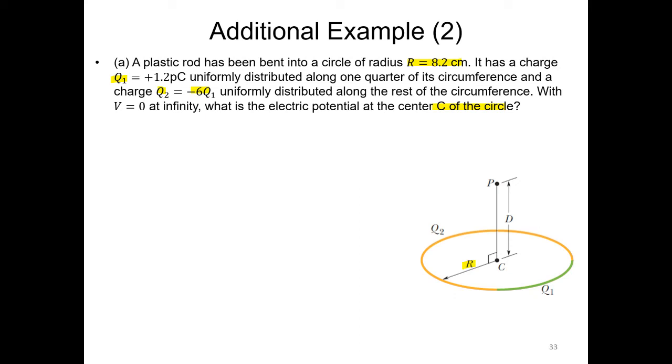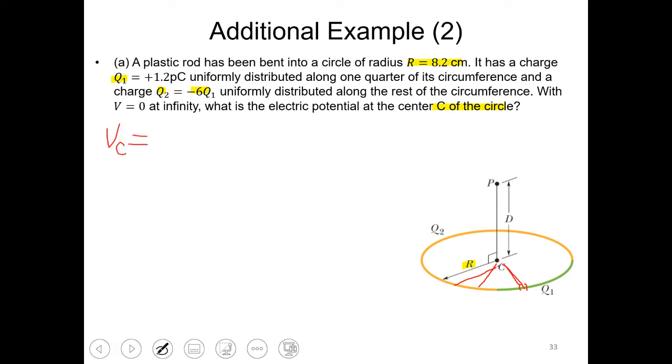So you don't really need the integration because it is a circle. So all the distance from every part of the circle to the center is the same, which is nothing but capital R. So we can just calculate.